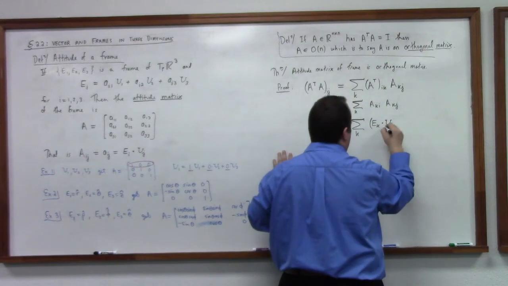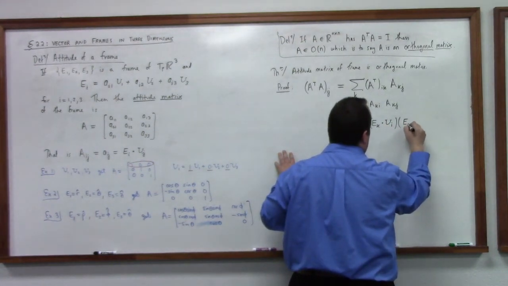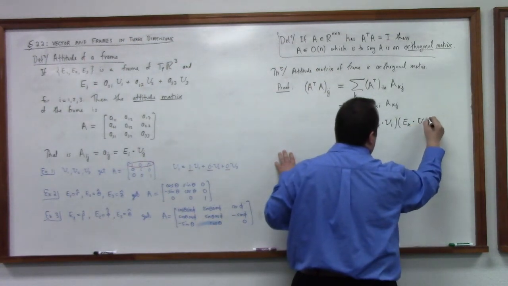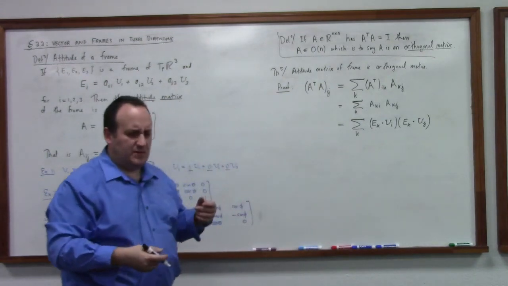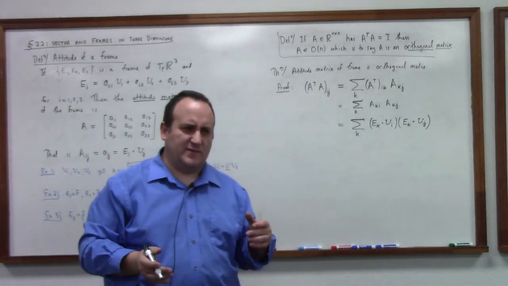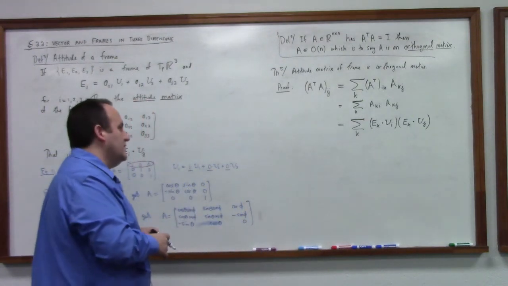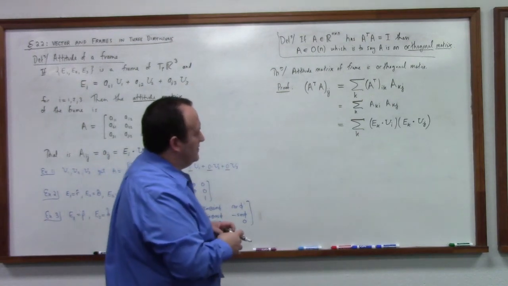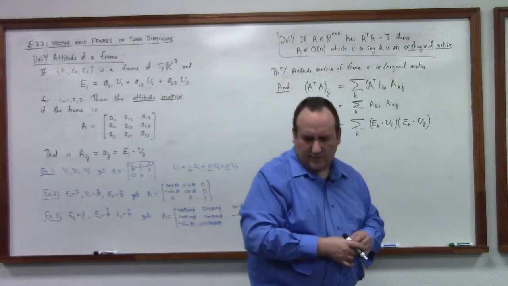So the attitude matrix somehow captures how the perhaps non-standard frame relates to the standard frame. It somehow captures how the non-standard frame has been twisted from the original frame. We could think of it that way. Now, what's this we're looking at here? Okay, so what do we do next?